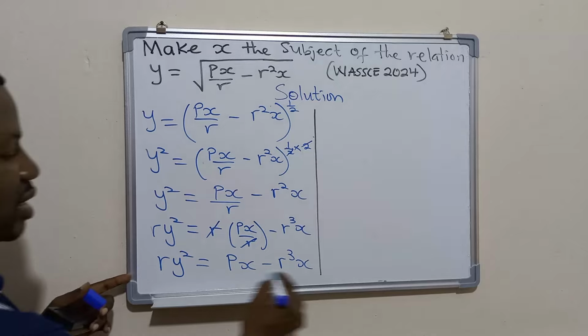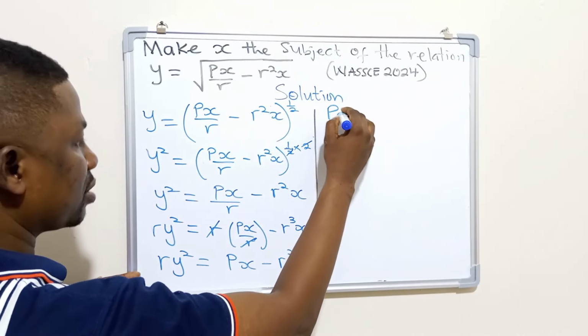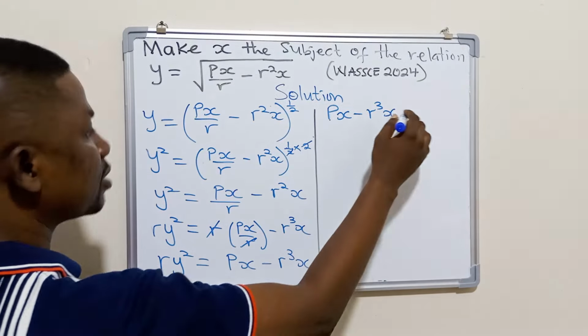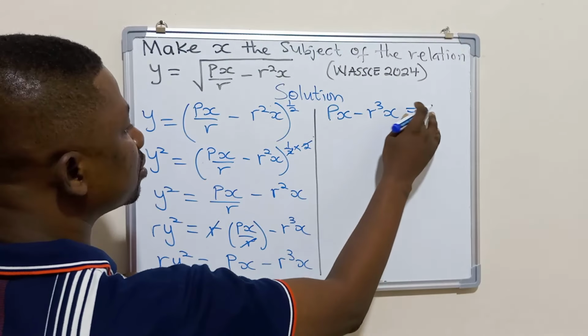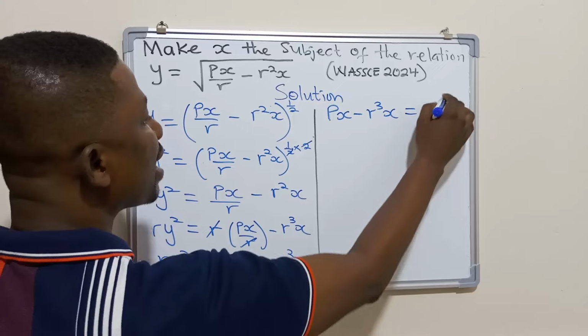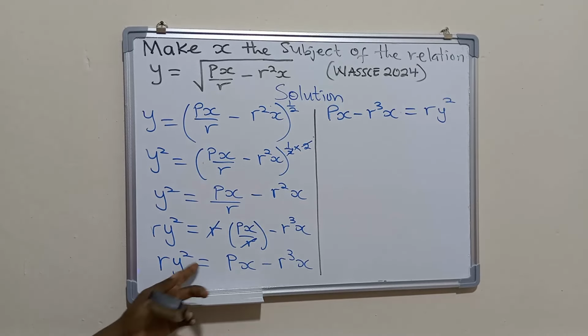All right, so let's quickly rewrite this as px minus r cubed x, which is equal to r y squared. So this is the same as this. I've just interchanged their positions.